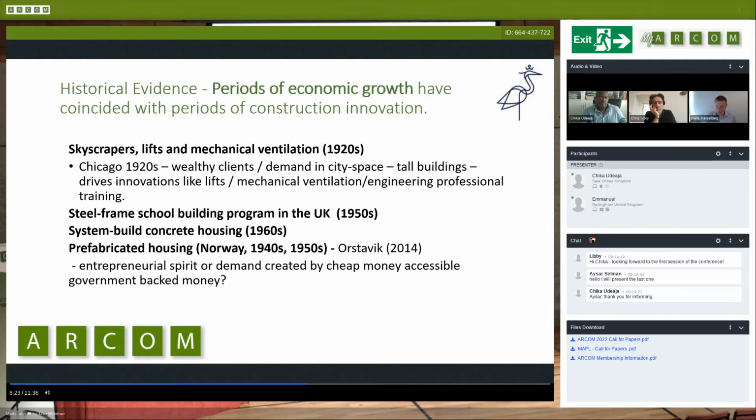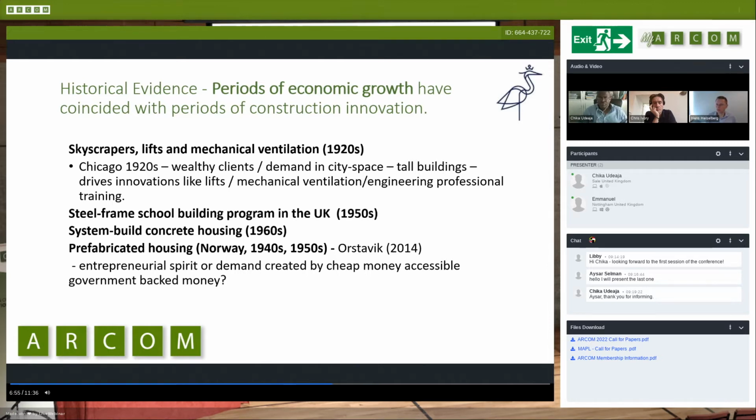So with that, what is the evidence in construction that what we might have here is a predominantly demand-led model of innovation? Well, I think the evidence is quite strong. We have skyscrapers, lifts and mechanical ventilation in the 1920s, and this is drawing from David Gann's work. Chicago 1920s, what you had was wealthy clients, increasing because of massive economic growth at the time.